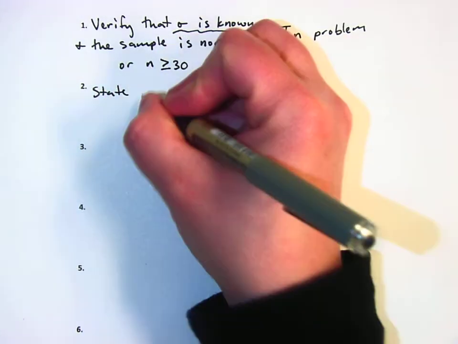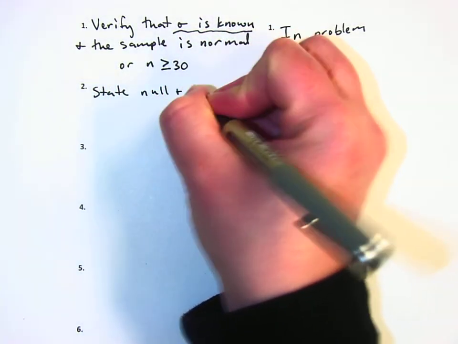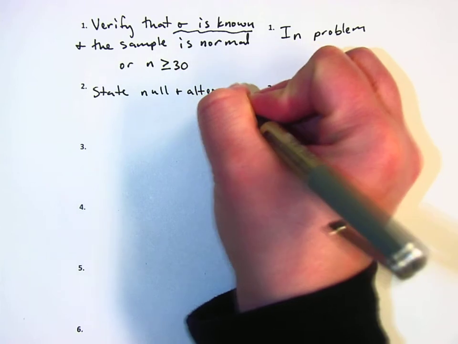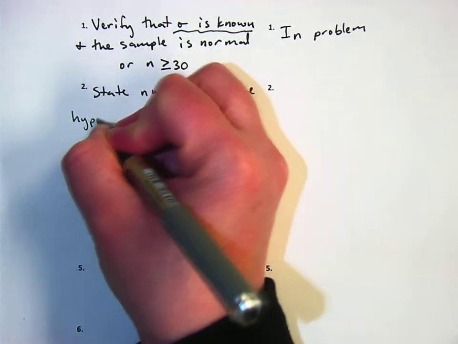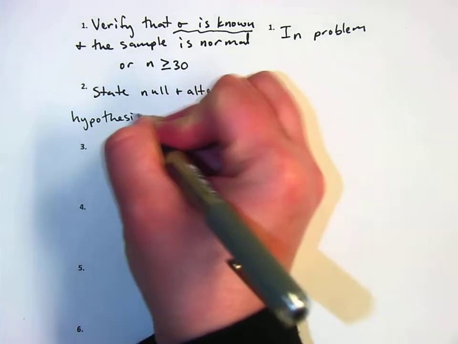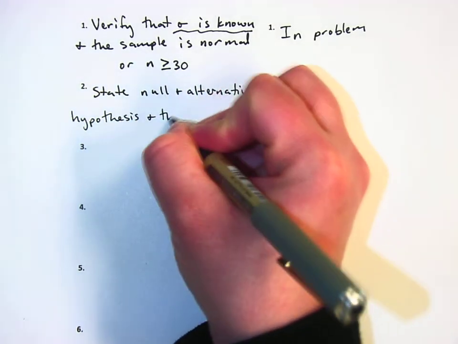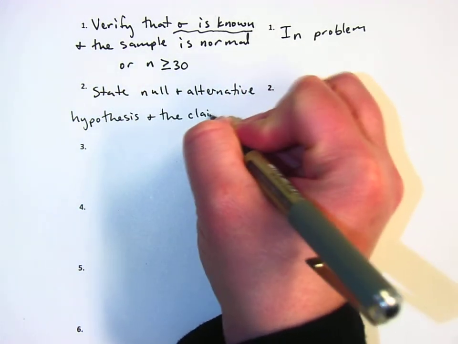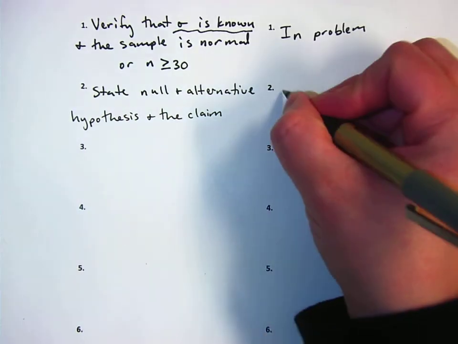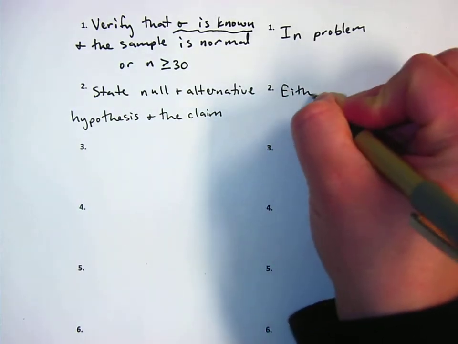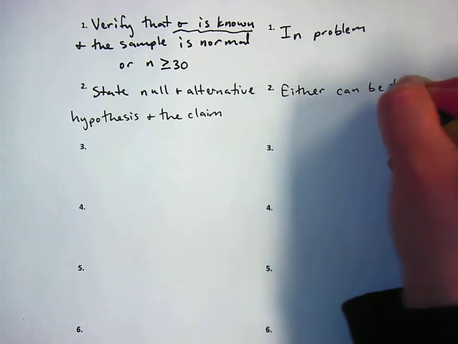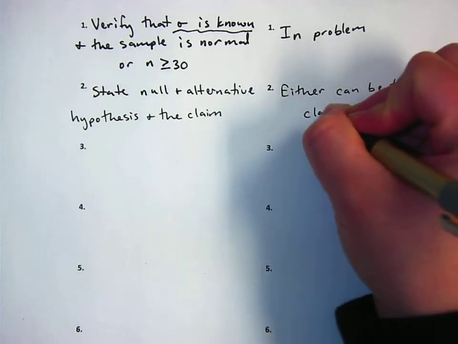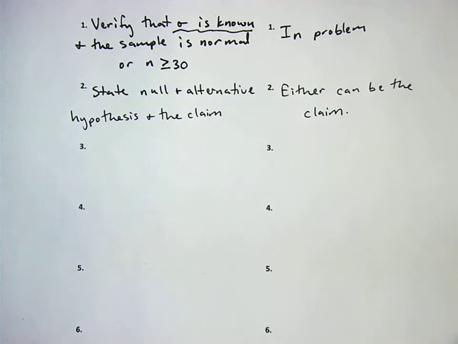Step 2 is to state the null and alternative hypothesis, and the claim. Either the null or the alternative can be the claim. Remember, pause anytime you need to.